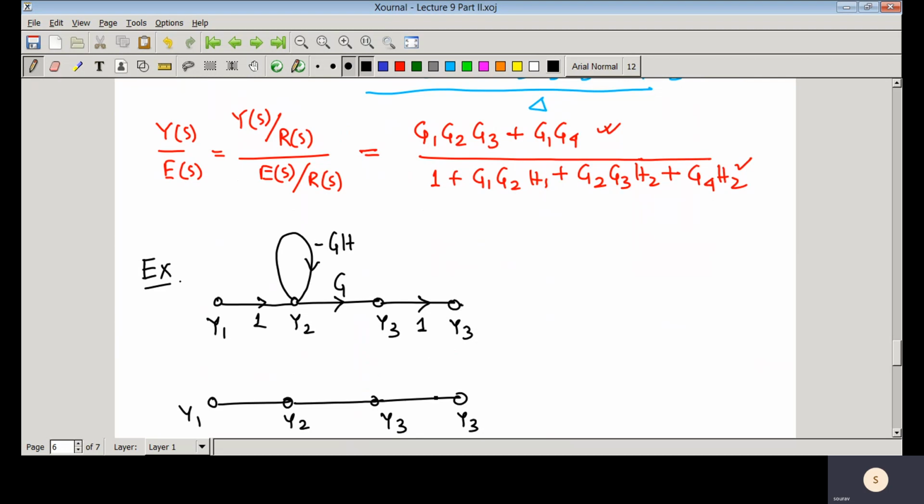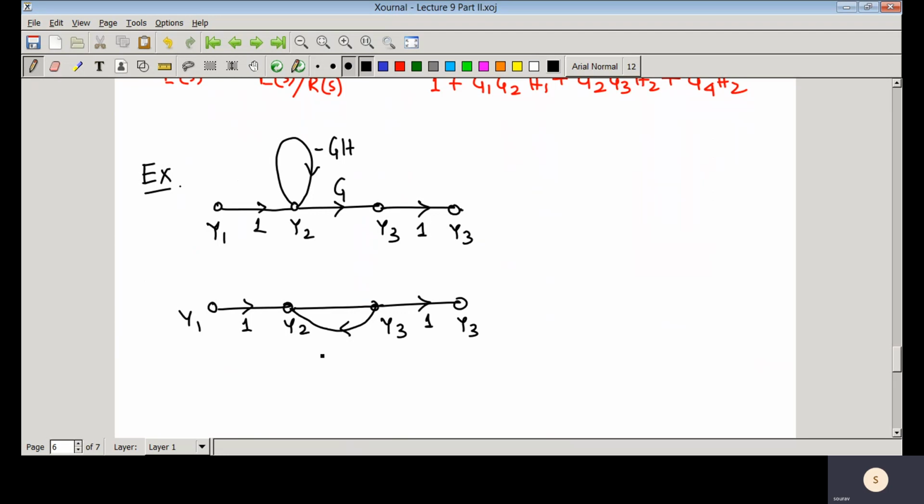Here this is the output, this is the input, and suppose you have one branch here and this is G. So now the question is, are they equivalent? The answer is yes.